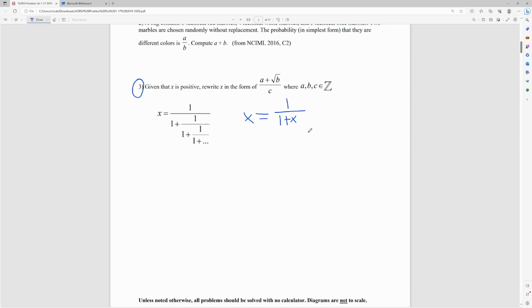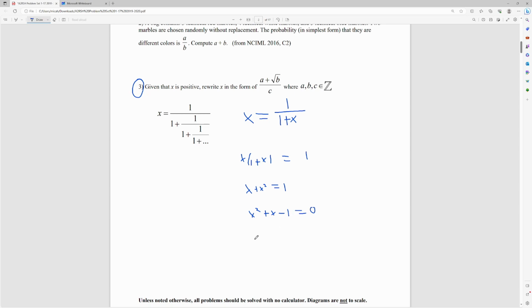So now we could simply solve for x. So we get that 1 plus x times x equals 1. So x plus x squared equals 1, or x squared plus x minus 1 equals 0.